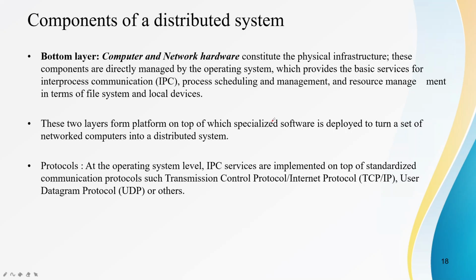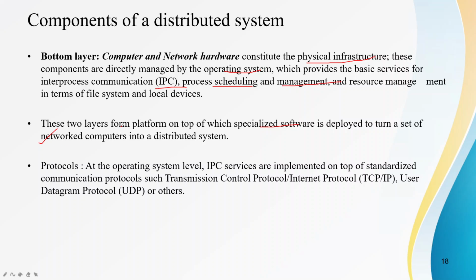The bottommost layer is constituted by computer and network hardware, and they constitute the actual physical infrastructure. These components are directly managed by the operating system of your machine, which provides basic services for inter-process communication, process scheduling and management, resource management, etc. These two layers form the platform on top of which specialized software is deployed, turning networked computers into a distributed system.